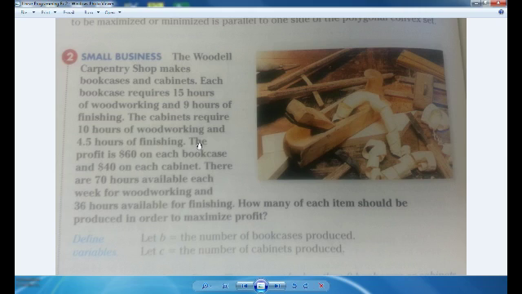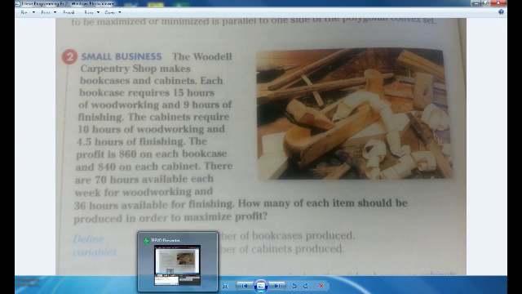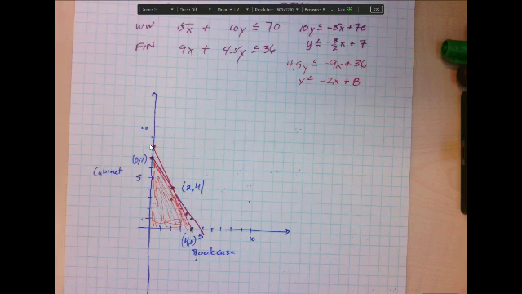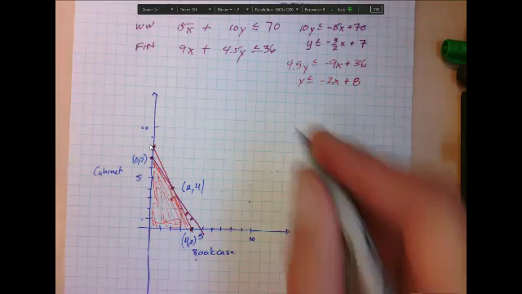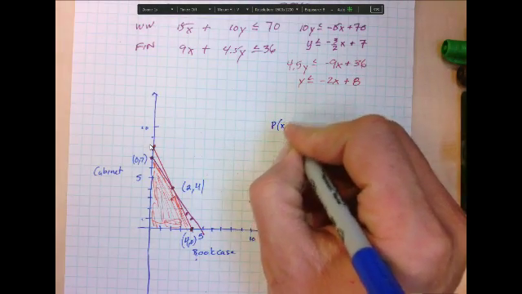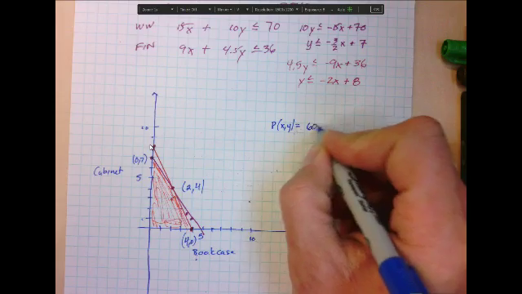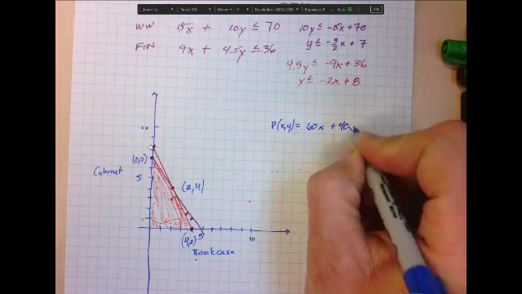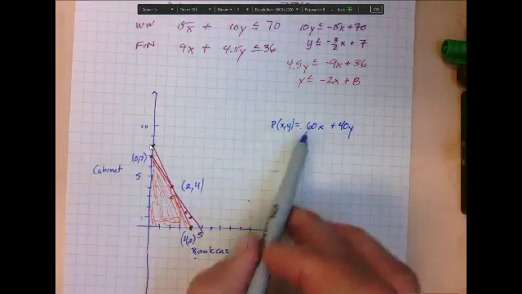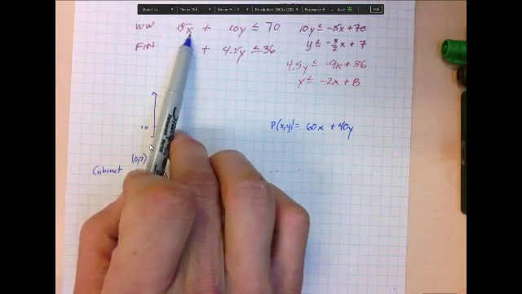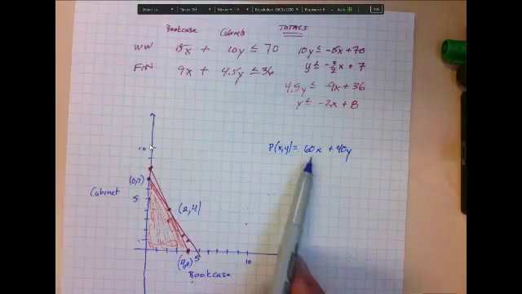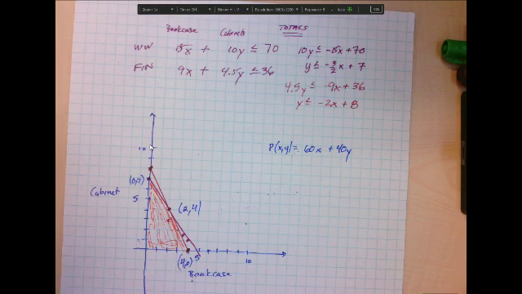Okay. So the profit on a bookcase is 60 and 40 on a cabinet, right? So what is my equation? Our bookcases are x, so 60x plus 40y.